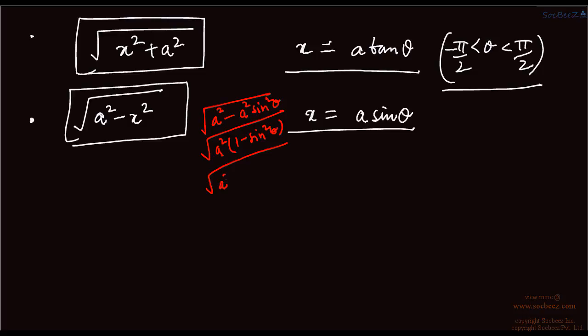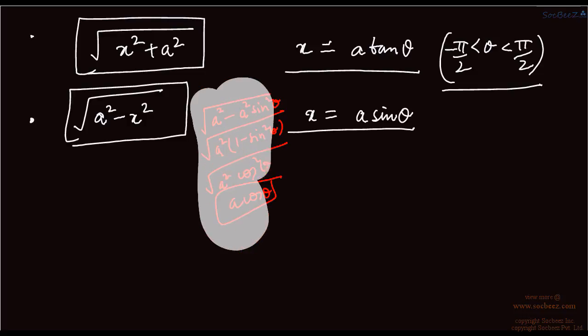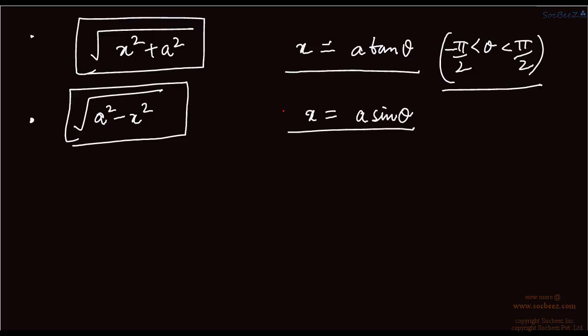That will give you a square cos square theta, and the root will give you a cos theta. So you are free of the square root function. That's why we use this type of substitutions, a sin theta or a cos theta. Of course, this is minus pi by 2 to pi by 2. We have included minus pi by 2 and pi by 2 in this. So you have to remember this.